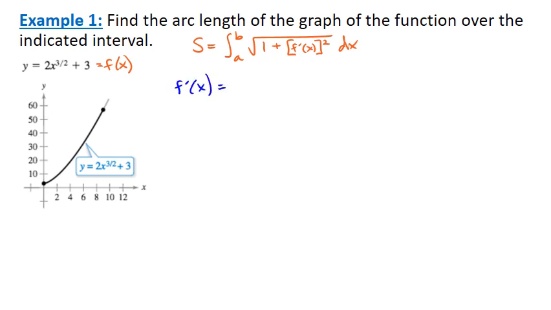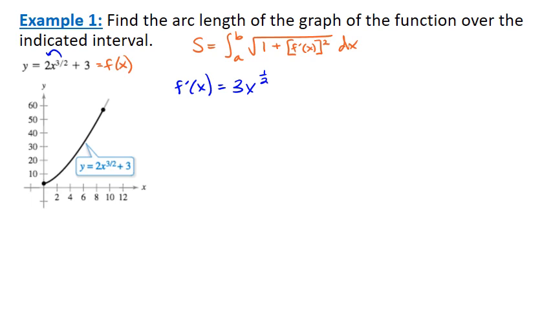I know it gets confusing going back and forth between derivatives and integrals, but it's something that has to be done, so just go slow and try to remember your steps. Here, I'm going to take this exponent and multiply it by 2, so the derivative ends up being 3x to the 1/2 power because I subtract.